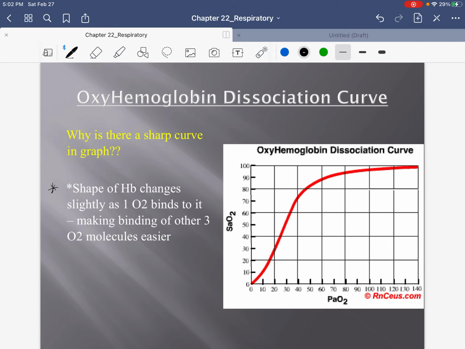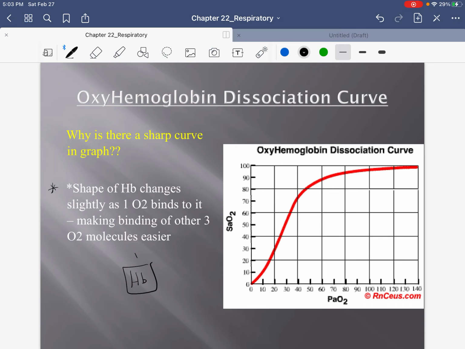What happens is, we know that hemoglobin can hold a maximum of 4 oxygens. So if we have hemoglobin, it can bind 1, 2, 3, 4, right?